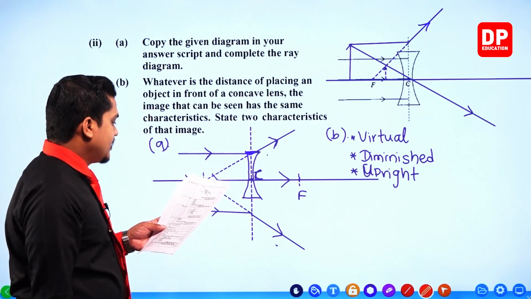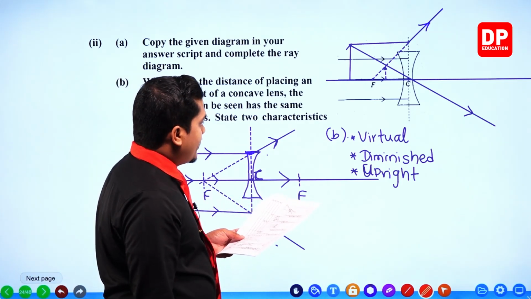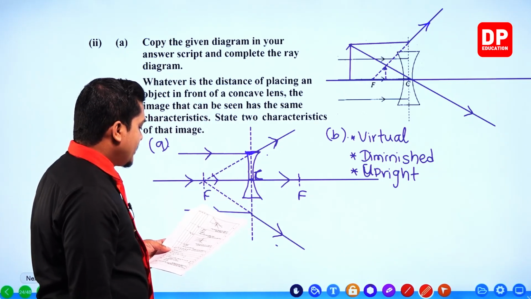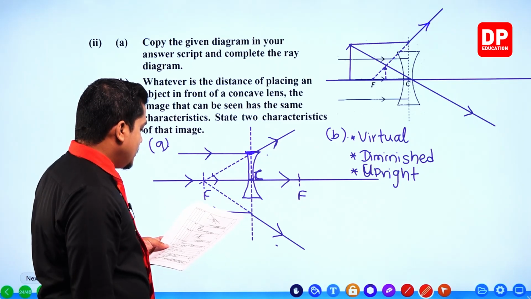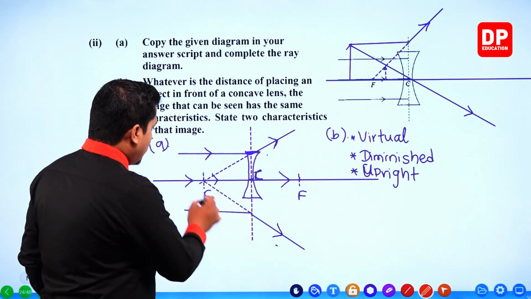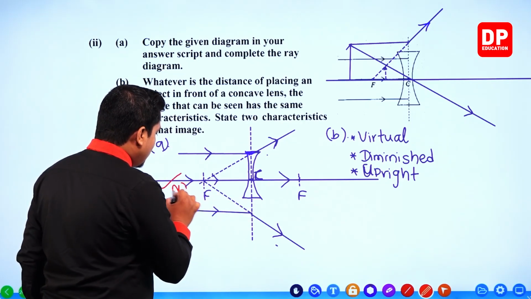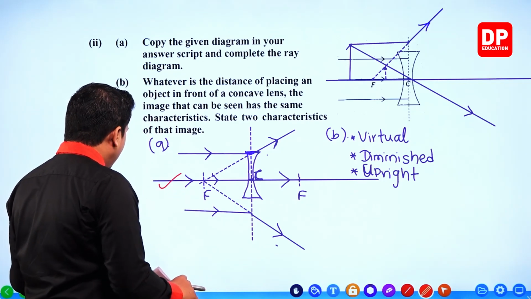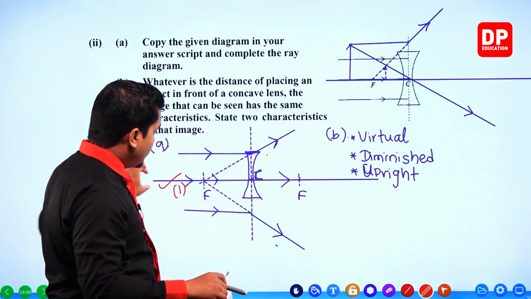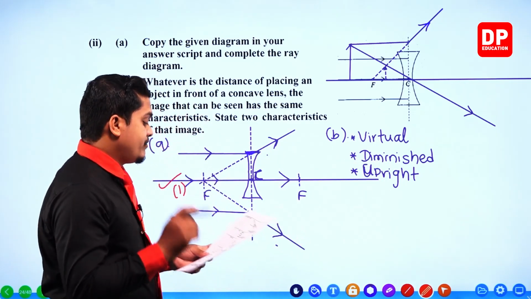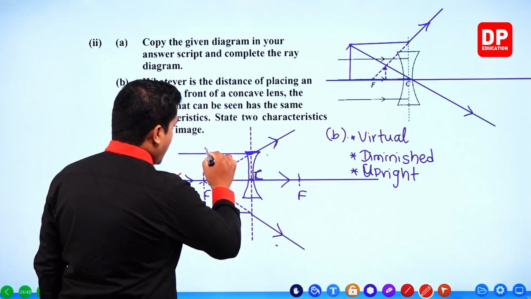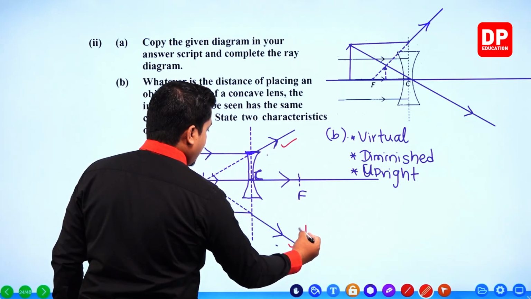Then the next one. In the next one, my dear children, for drawing the ray diagram, you are given 2 marks. 1 mark for marking this particular light ray which is passing through the principal axis. For marking this, they have specifically given 1 mark. Then with the arrowheads, for marking these, they have given 1 mark.